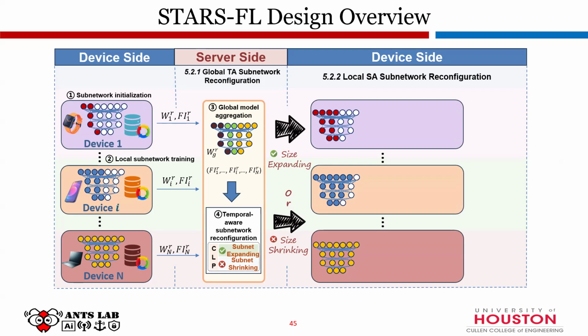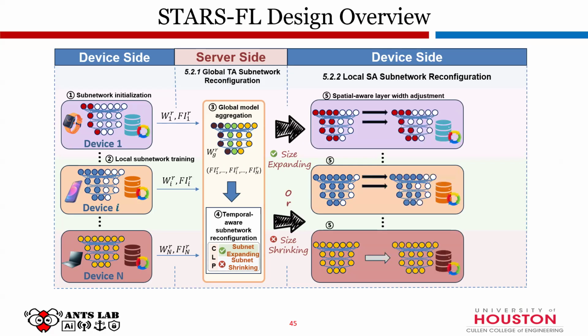However, we still have something to do with the local spatial aware reconfiguration. Instead of just sending it back plain as the server sent it, we can get another reduction in terms of the parameters being chosen. Let's take a look at this red graph, where the top layer is reduced from 4 neurons to 3 neurons, and the second one is reduced from 2 neurons to 1 neuron.